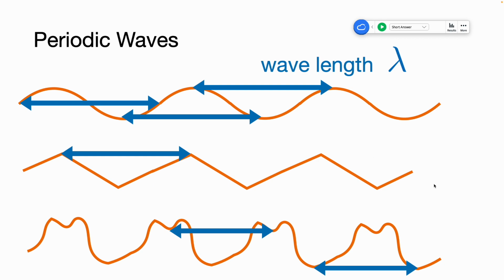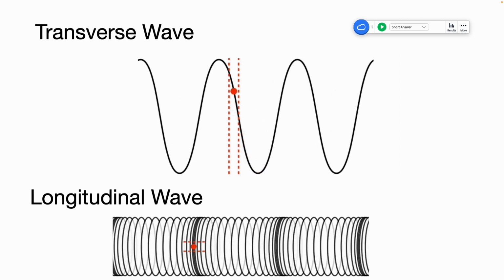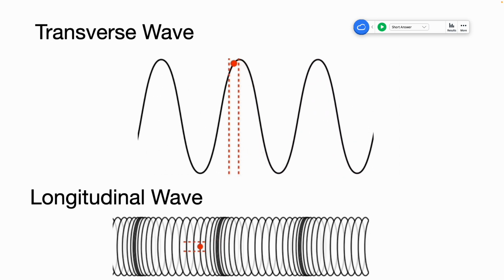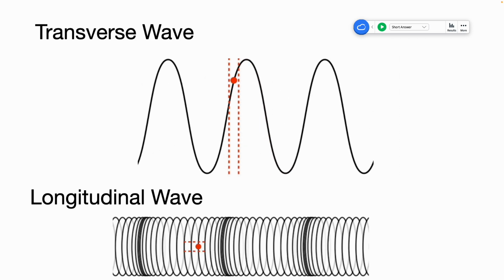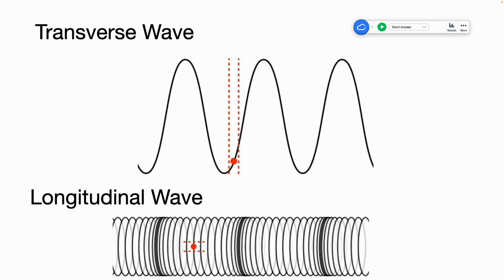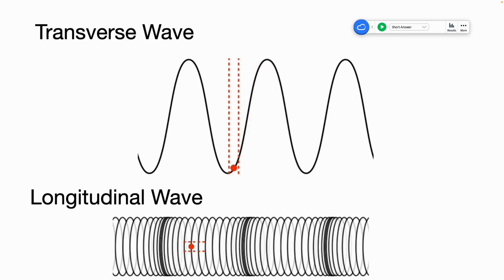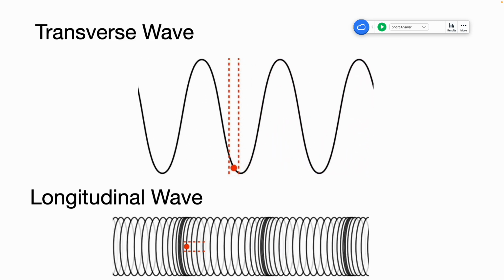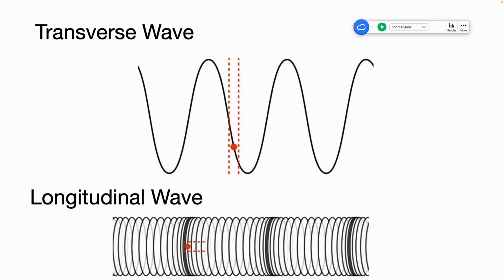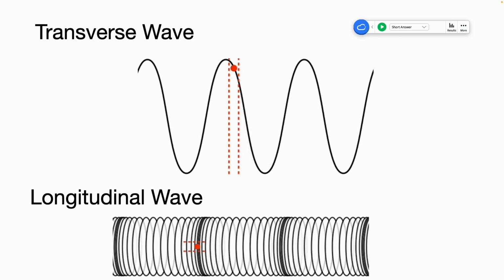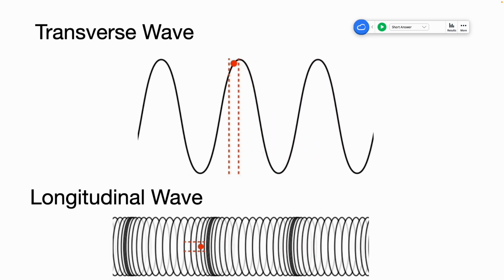Now, more terminology. When we look at wave, the wave itself can travel to your right, but microscopically, the particle carrying those waves can be moving transverse to the direction of propagation or along the direction of propagation. On the top, you see the wave is going to your right, but the motion of the particle is up and down.